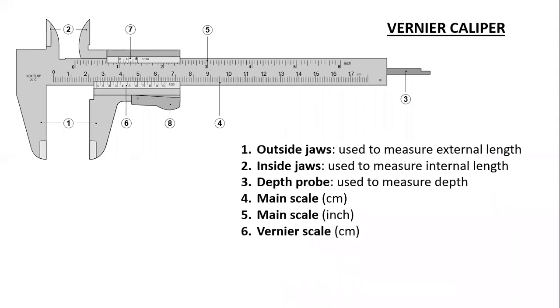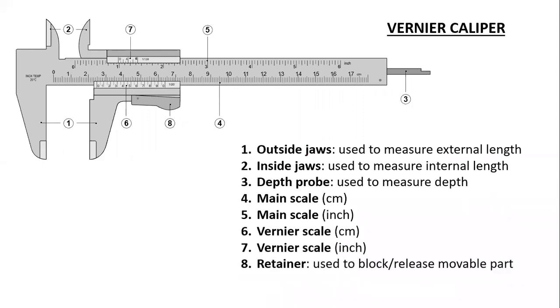So why we actually need this vernier scale: the main scale's minimum division is 1 millimeter. So if we have only the main scale, we can measure a distance of 1 millimeter at minimum.